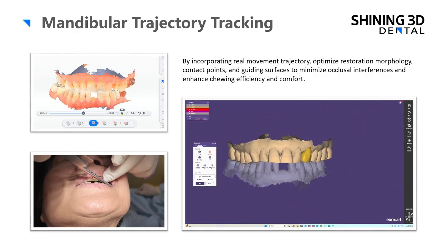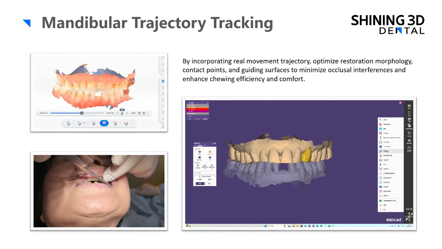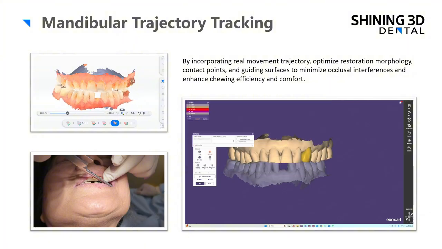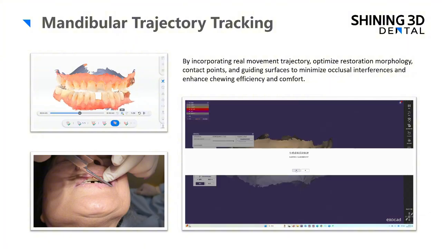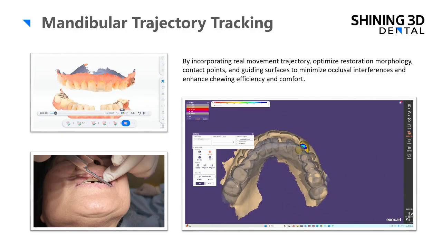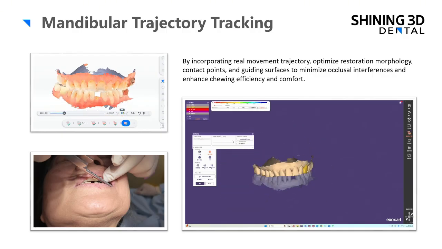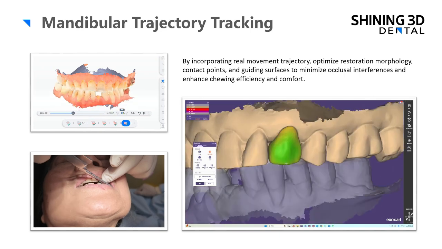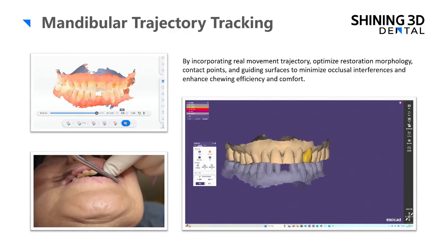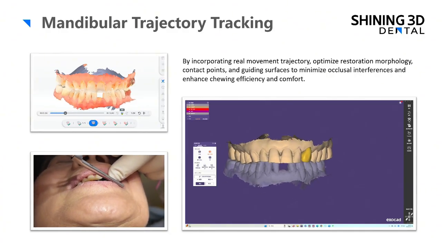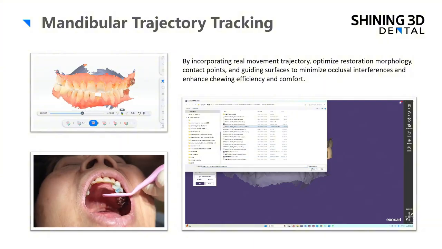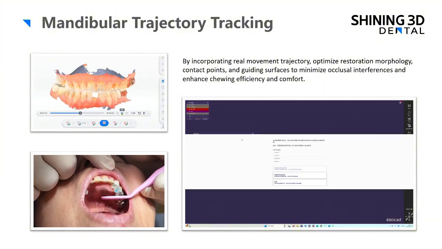This is how it looks if we want to use the trajectories to help with the whole design process. Once the trajectories are recorded, we can import them into ExocadCAD to help with the design, and by incorporating the trajectories or movement that we recorded specifically for this patient, we can cut off some pre-contact points and also improve the fit and comfortability when it is delivered inside the patient's mouth.